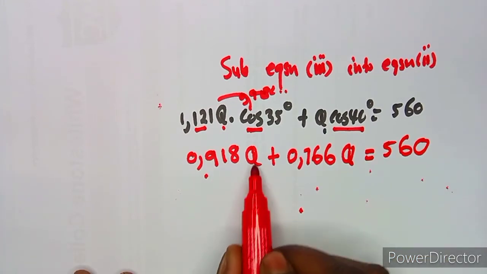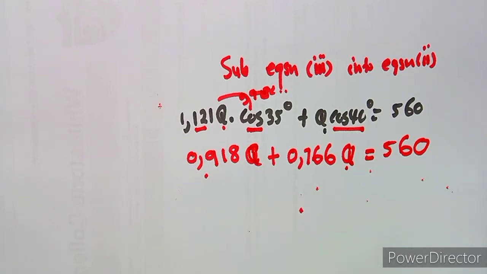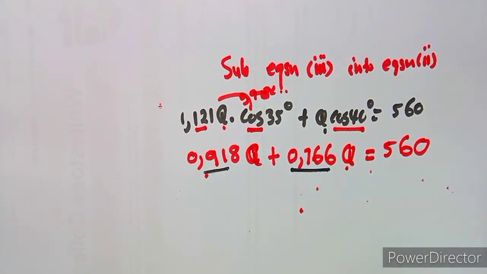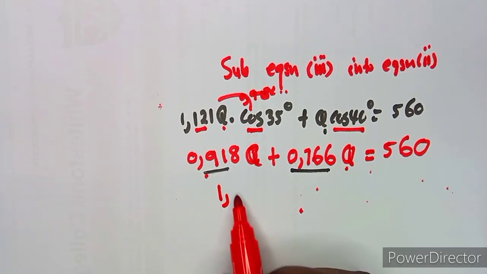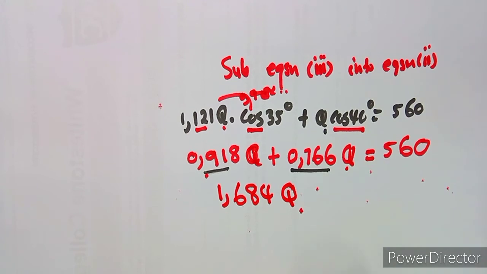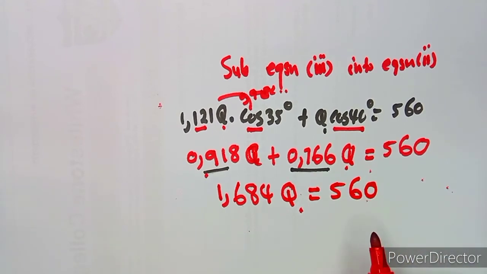So now I can add, because this is q, this is q, so these are like terms. I can add these two values together, which is going to give us 1,684 q, which is equivalent to 560. So what can I do now to obtain the value of q, because I'm just left with q?